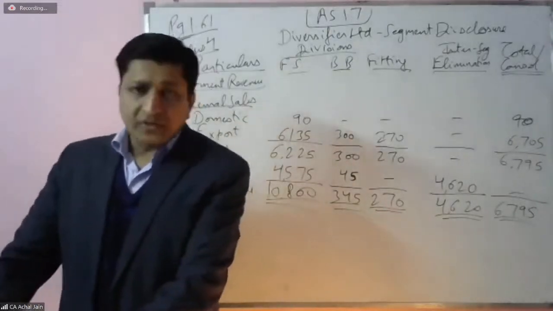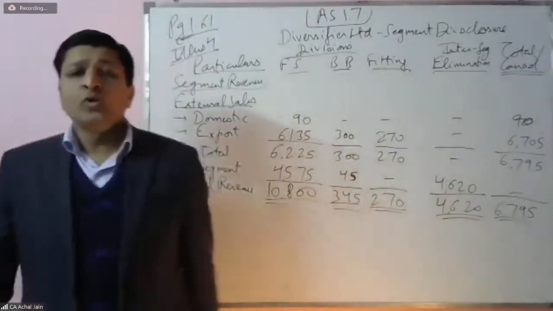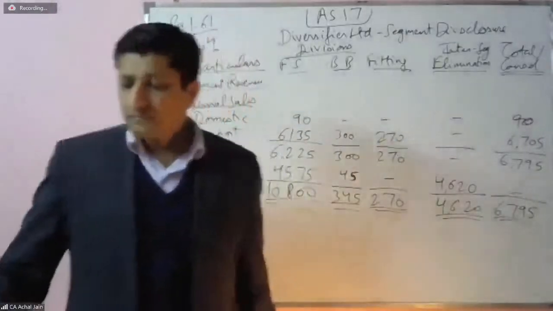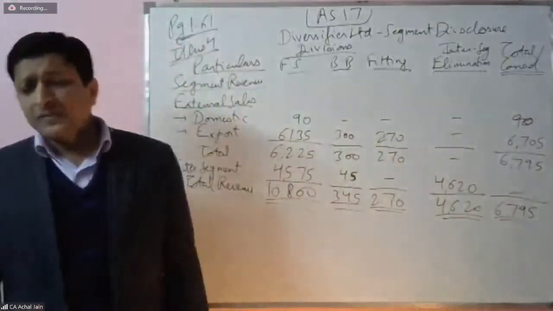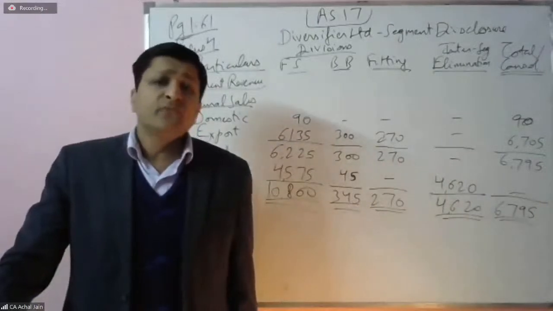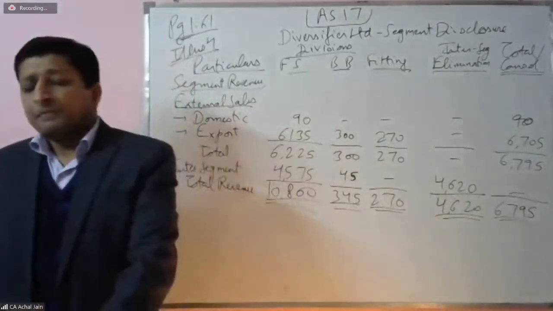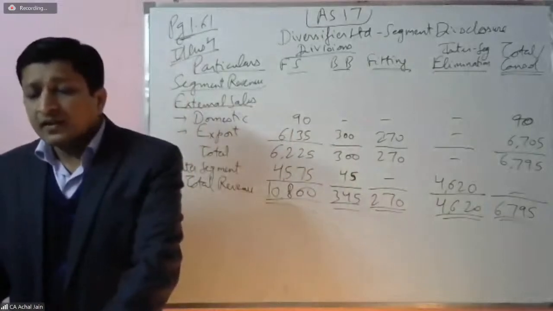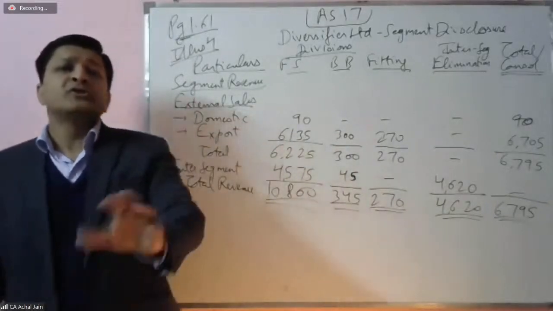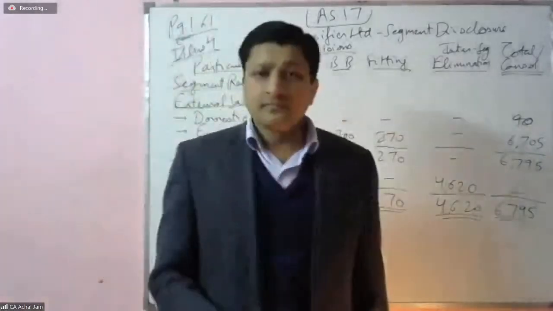Okay, so now moving further. The next part which we need to include in the disclosures is about the segment expenses. So let's move on to the expenses. If we look at the information in the question, expenses which are given are only those which do not form part of expenses of the segment.